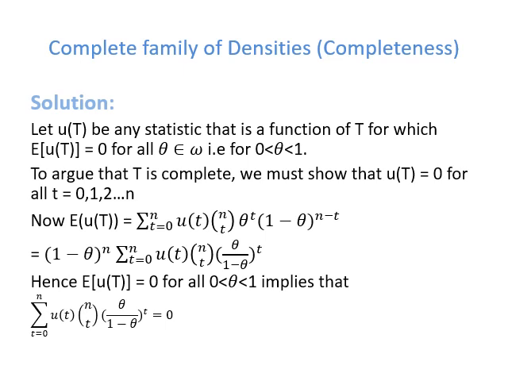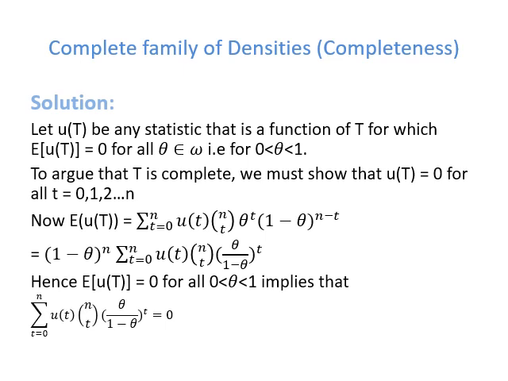Now, if we want to evaluate the expected value of u of t, notice here that t equals summation xi, and because we have independent and identical Bernoulli random variables, we know of course that their summation will be binomial with parameters n and theta. So in order to get the expected value of u of t, we are going to sum u of t with respect to the probability mass function of the binomial distribution.